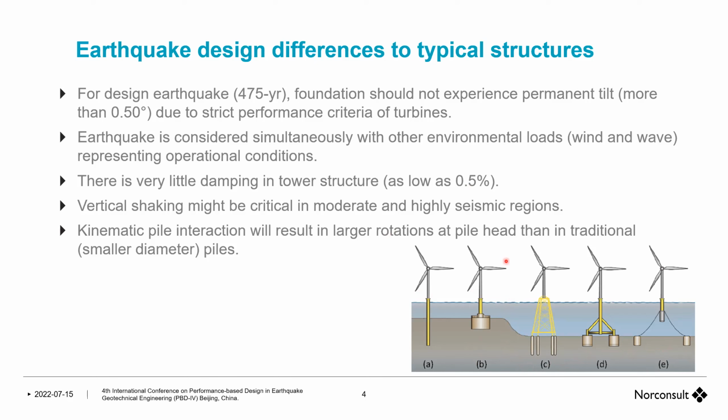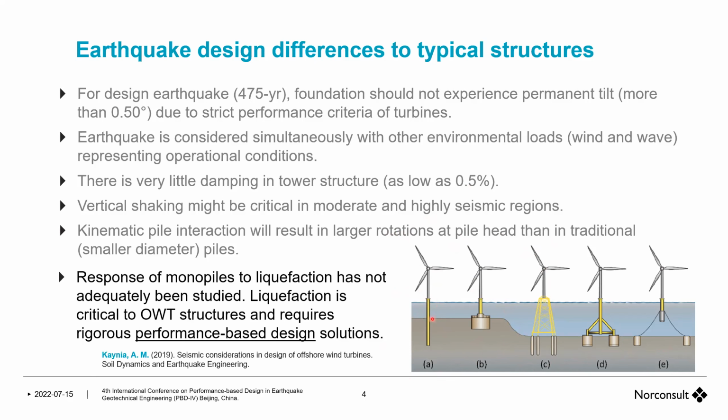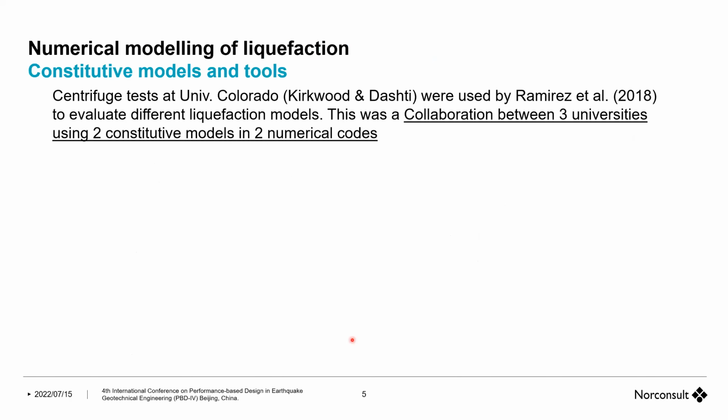However, if you think about these two types, kinematic interaction, especially because of the rotation, could be an issue. But today I'm going to focus on liquefaction, which has not been adequately studied for these large-diameter monopiles for turbines, and requires rigorous performance-based design solutions to predict the deformation.